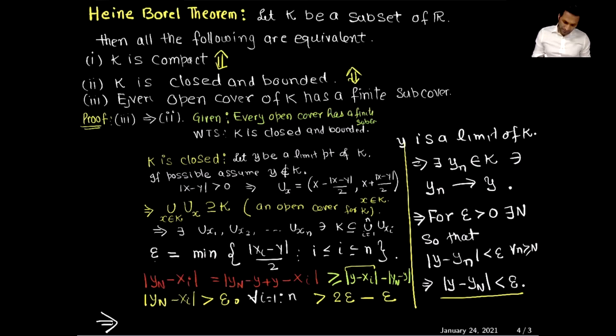So what that means is y_N does not belong to U_xi for all i varying from 1 to n, because the distance between the center and y_N is bigger than epsilon, so y_N cannot belong to that interval U_xi, because the length of each U_xi is less than epsilon.